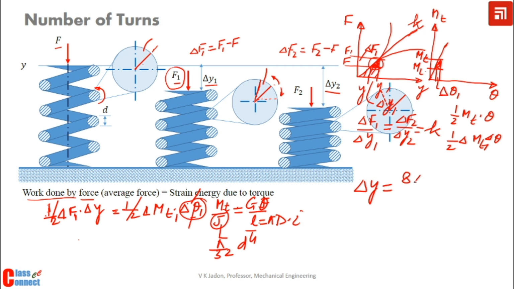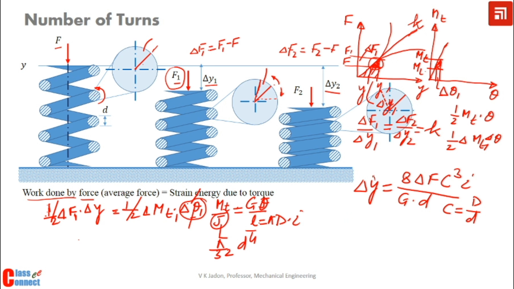that is equal to 8 delta F C cube I divided by G d, where C we know is the spring index, given by D by d, and this we assume depending on the space availability for the spring.